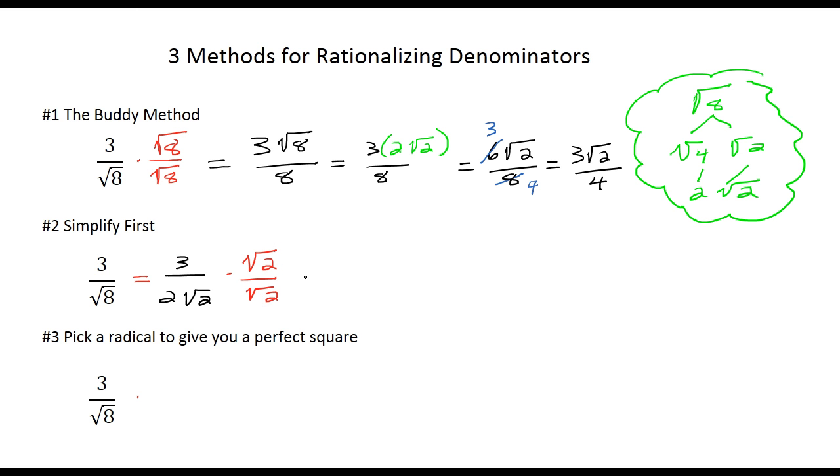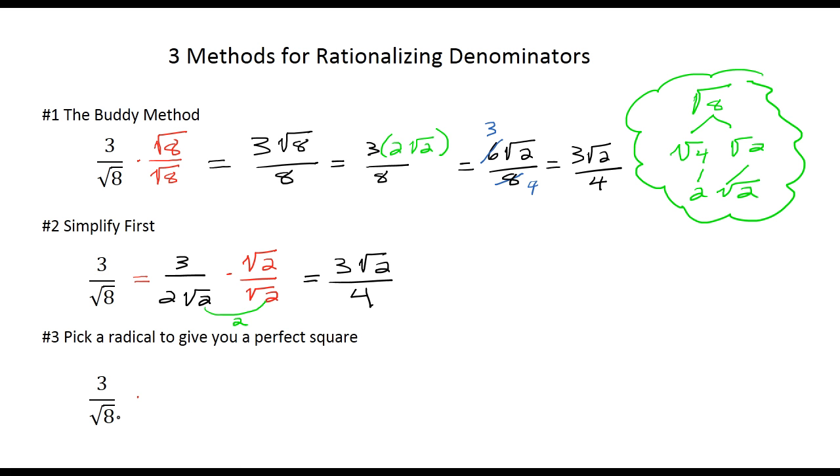Now when I do that, the numerator gives me 3 radical 2, and the denominator, you got to be careful here, because if I put these two guys together, that gives me a 2, but I have another 2 here, so I've actually got 2 times 2, which is 4. And that's my final answer.